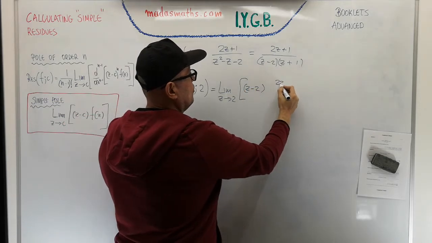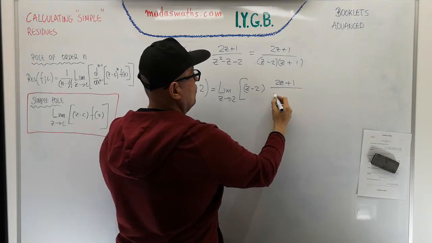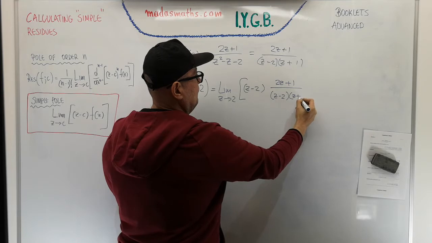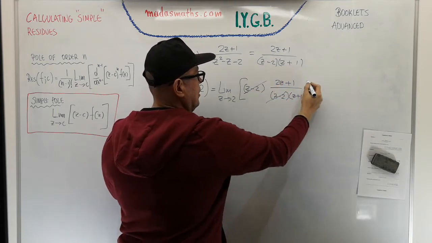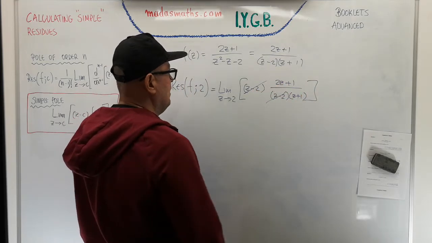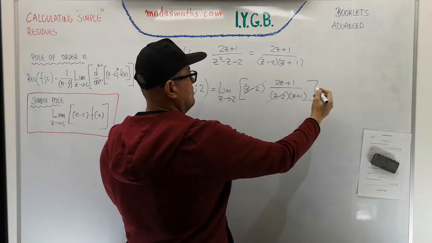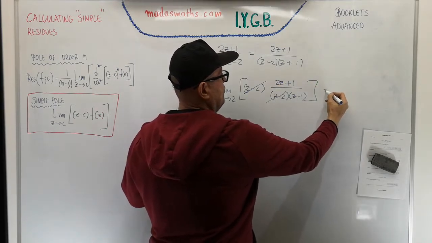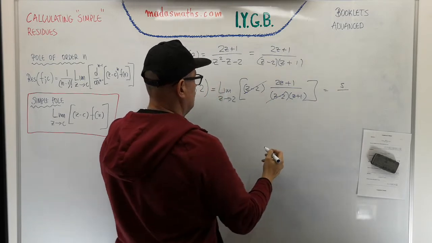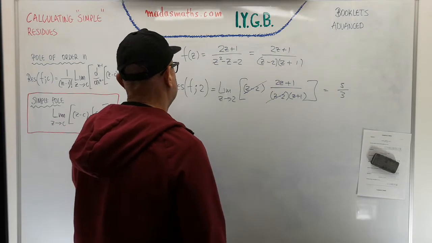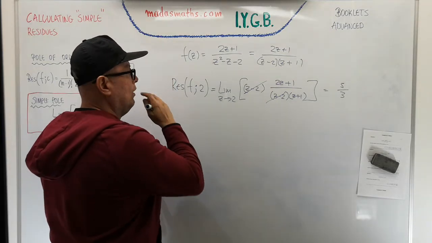So f of z is 2z plus 1 over z minus 2, z plus 1. The z minus 2 is gone, so this limit can be evaluated now. When we put in 2 times 2 is 4, 5 on the top, and at the bottom I've got 3. So the residue at the pole at 2 is 5/3.